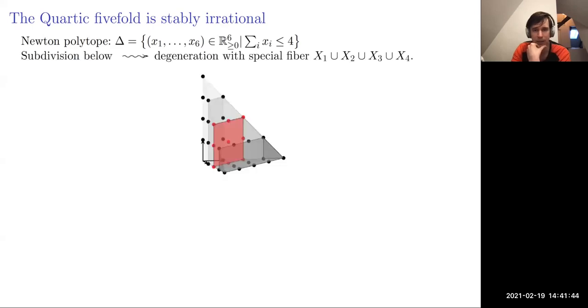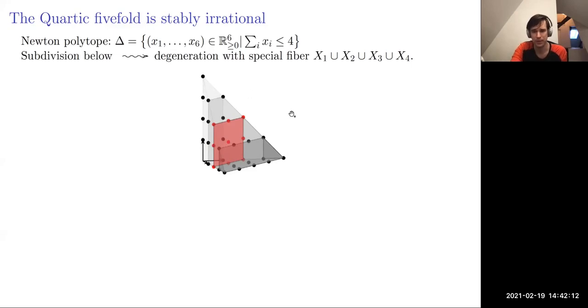And if we take this subdivision here, it looks like the one we just wrote down for P3. If we add some more faces here, we get a degeneration of P6 into 4 toric varieties, and they should intersect like in this picture.